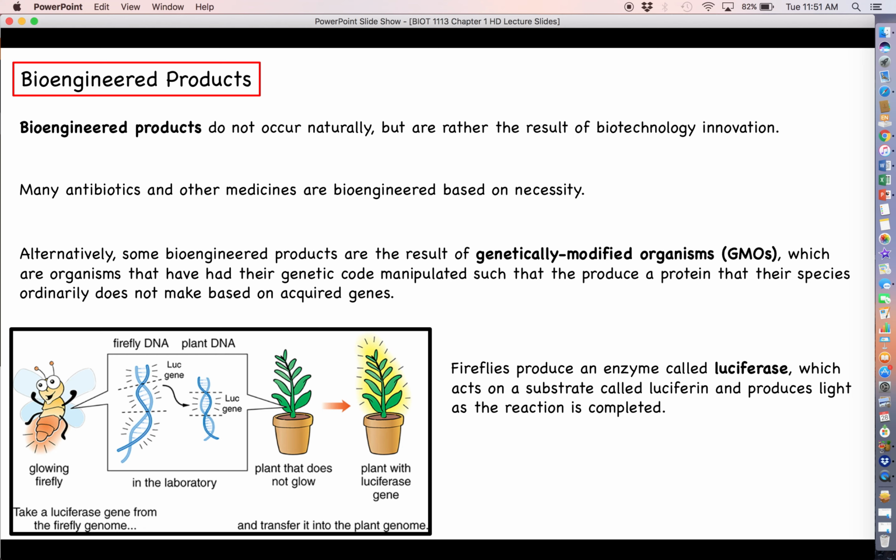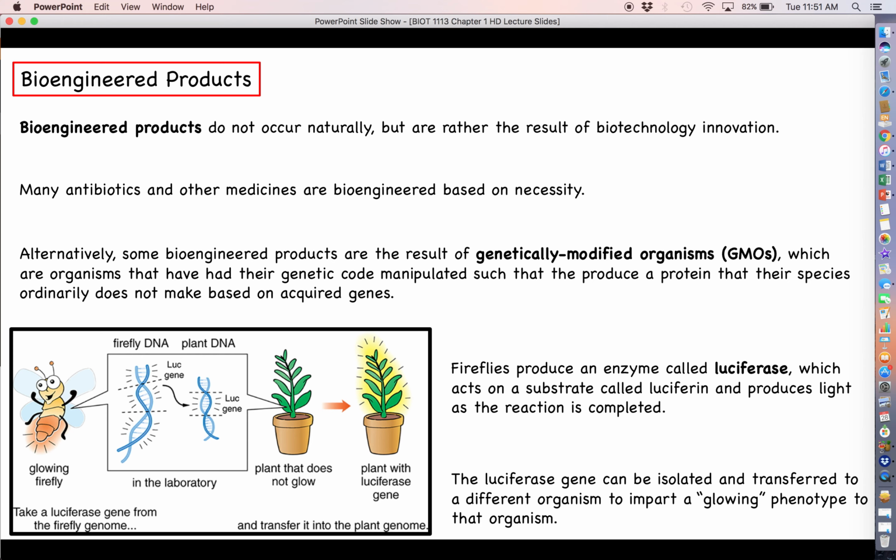So in this diagram that you're looking at here, if we can isolate and take the luciferase gene and transfer it to something like a houseplant, you can theoretically get that houseplant to glow. So once you've done that, the plant is now what you would call a genetically modified organism. The natural or wild type version of that plant should not have the ability to glow, but because of our manipulation of genes, we can actually get it to do so.